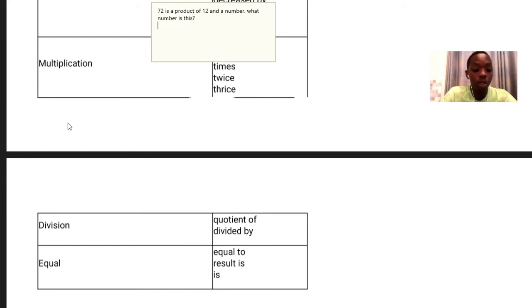What you want to do is say 72 equals 12 multiplied by x. Therefore, x is equal to 72 divided by 12. So x is equal to 6.